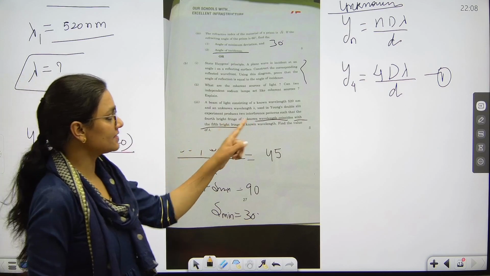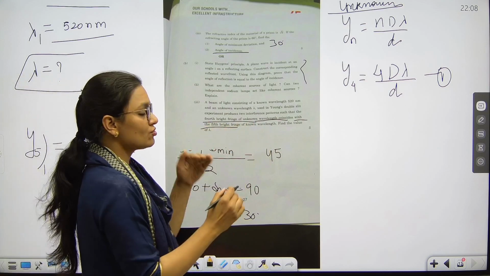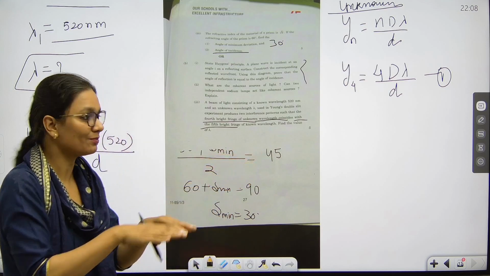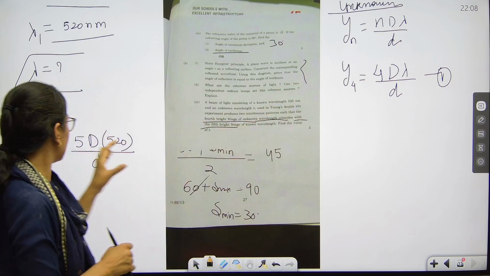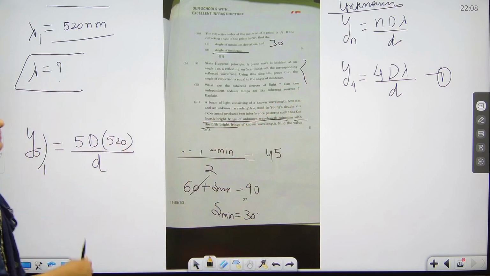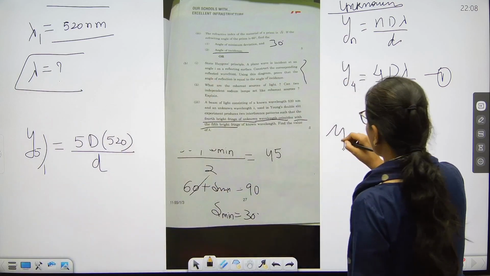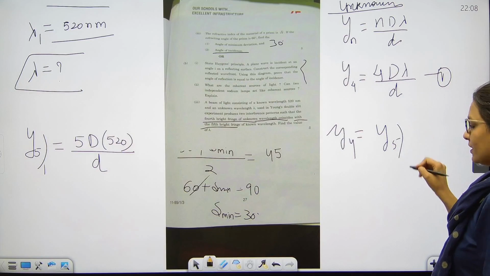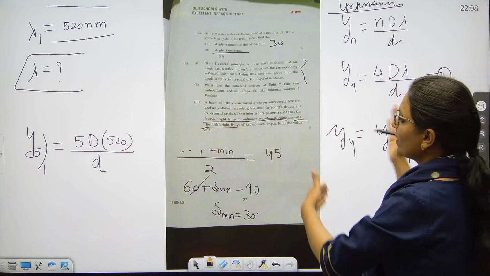It says that the fourth bright fringe of the unknown is coinciding with the fifth bright fringe of the known, which means the location is the same for both. These two values are the same, beta. So y4 of the unknown is y5 of the known. Just equate them and get the answer.